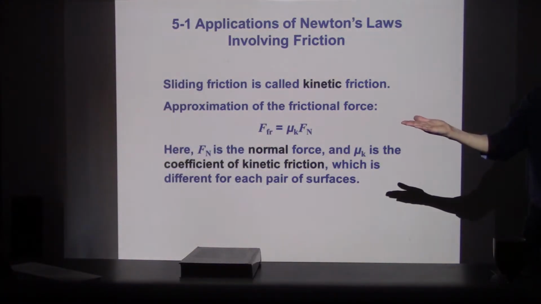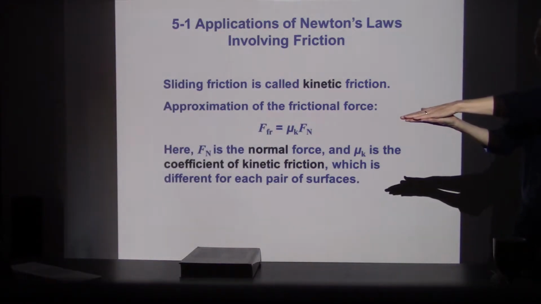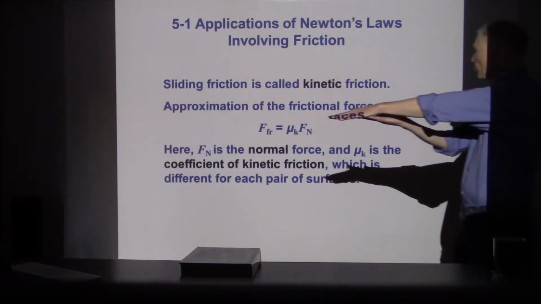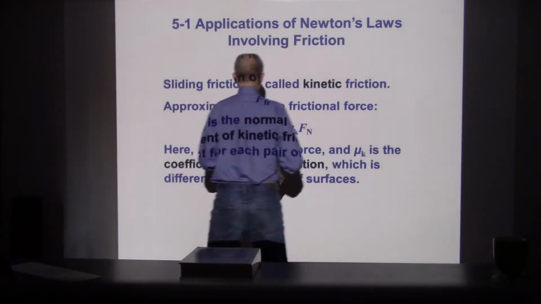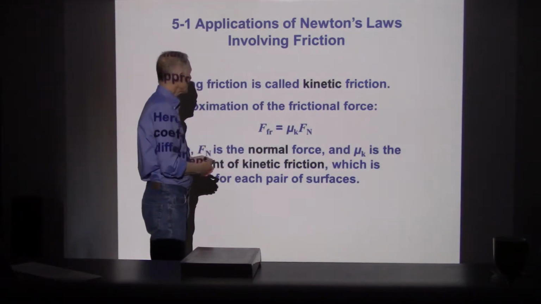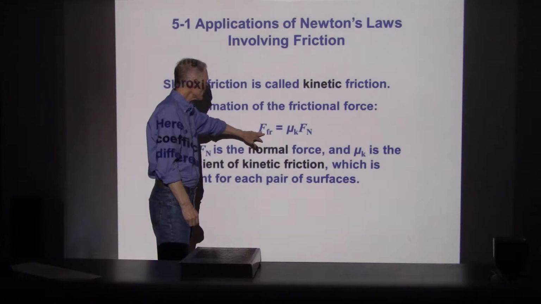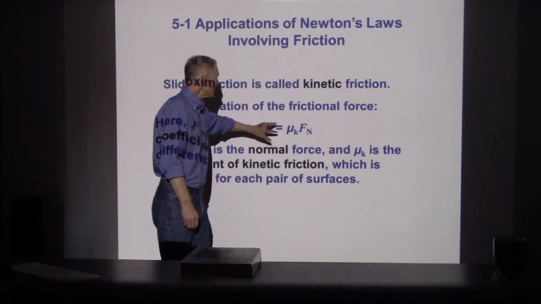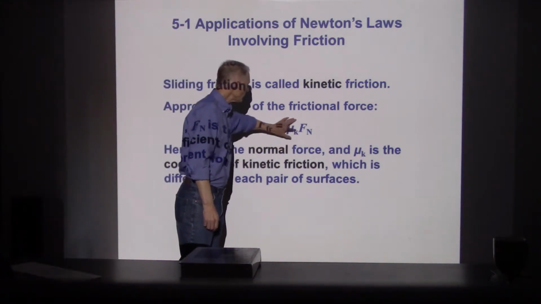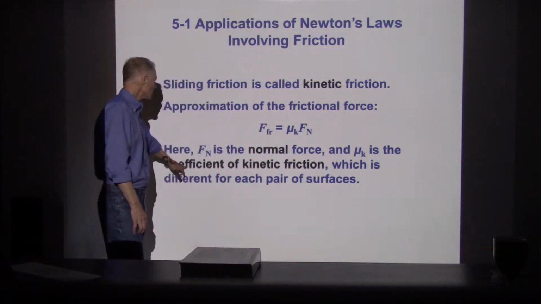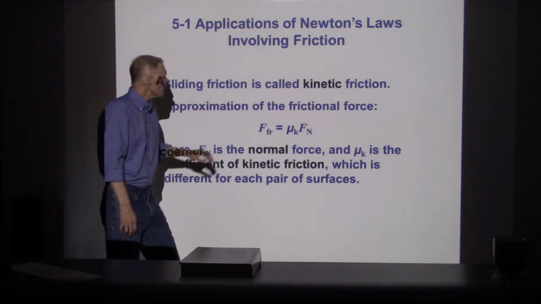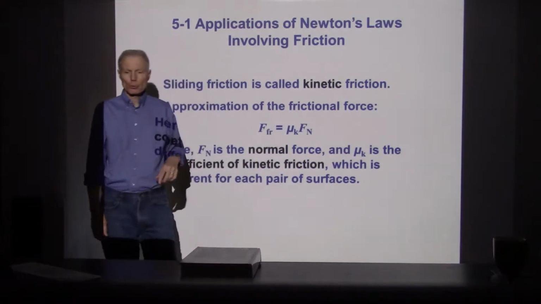I've got the tabletop surface, I've got the book surface, and they're sliding past each other. What we find, this is our simple model, is that the frictional forces are given by a coefficient. This is referred to as the coefficient of kinetic friction, which tells us something about the surfaces.